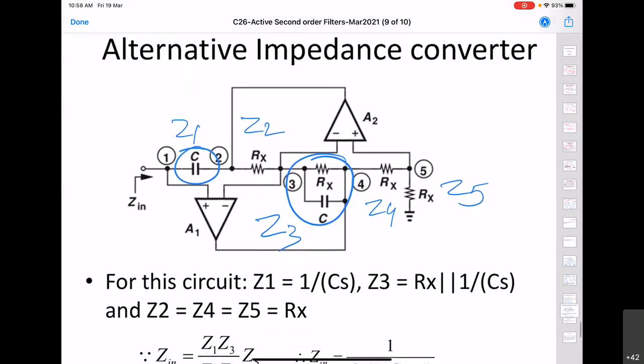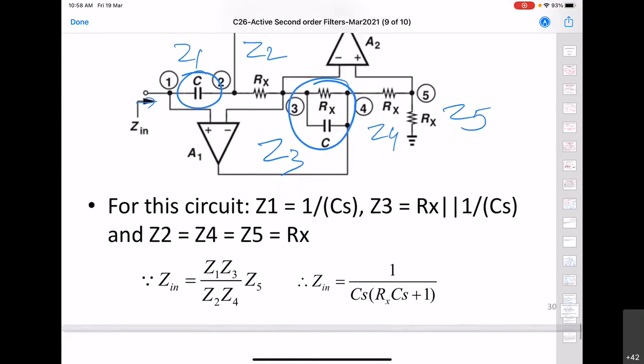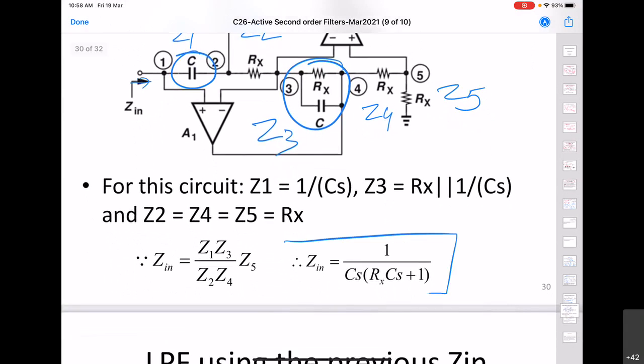So in this case, one can find Z in here, and in this case Z in turns out to be of this type, right?